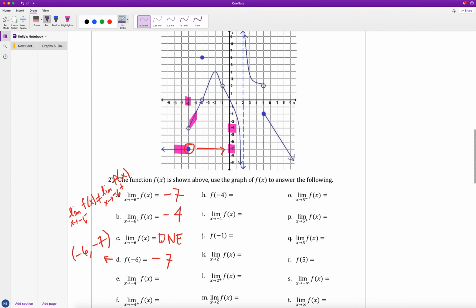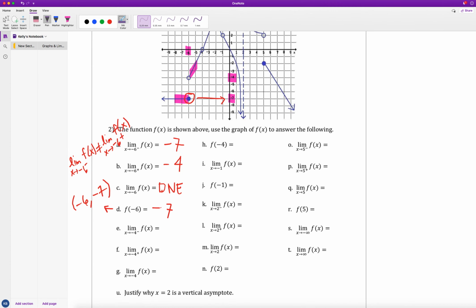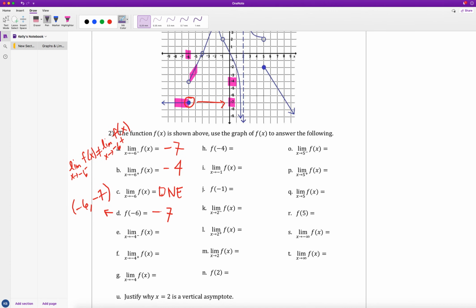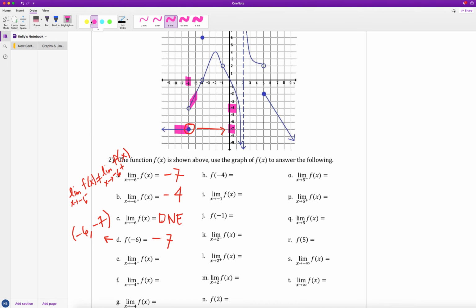Okay, let's check parts E, F, and G then. So part E says, what is the limit as x approaches negative 4 from the left-hand side? So if we go back up here, I'm going to use yellow, we're looking at negative 4, which happens to be right there on the x-axis, and we can see that both the left side is approaching 0 and the right side is also approaching 0.